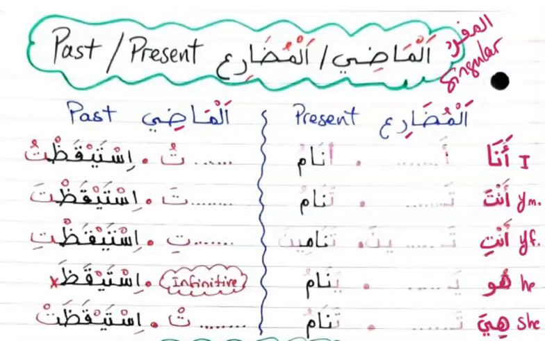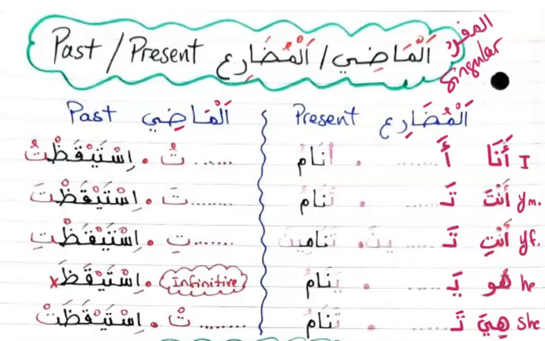Right here we have the prefixes, what we place in a verb when we start the conjugation. The prefixes in Arabic are similar to English. They're attached to the verb, except that English verb conjugation does not have prefixes.